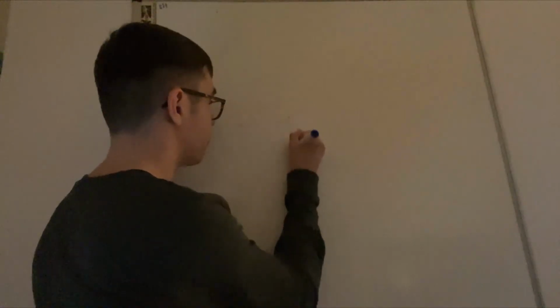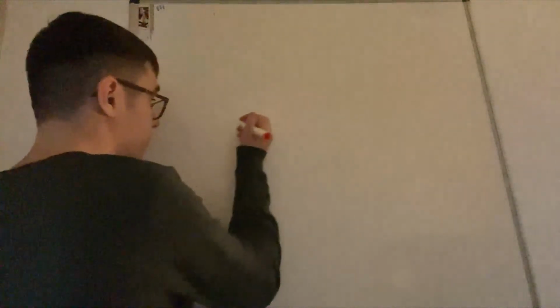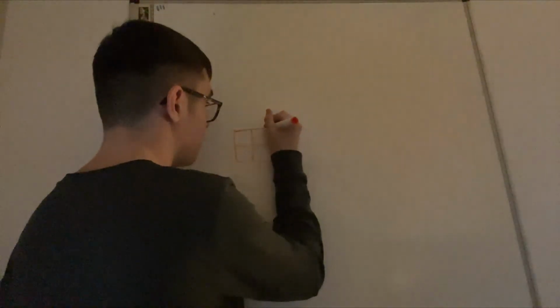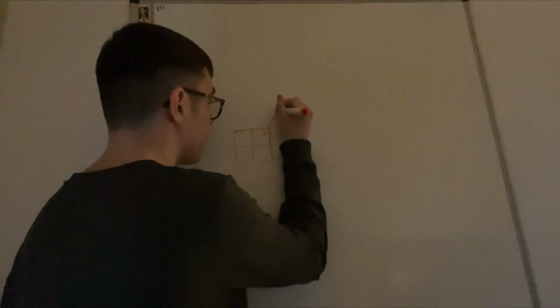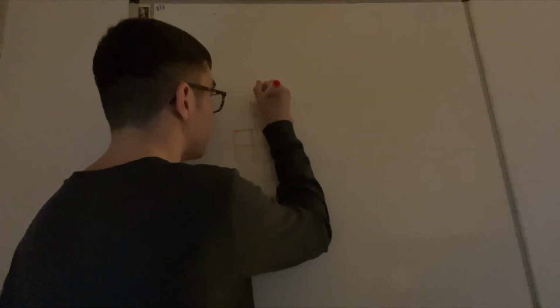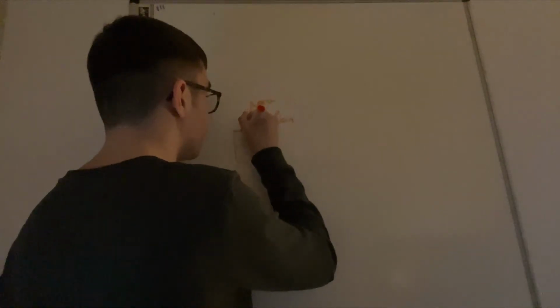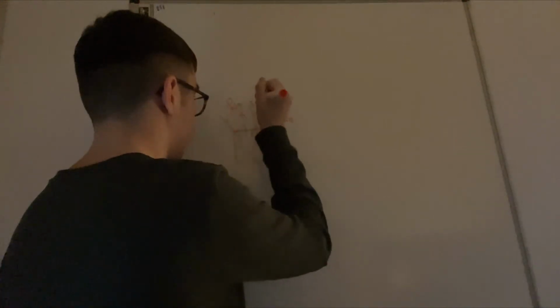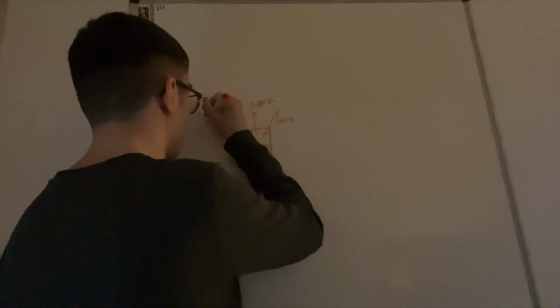Which two blood vessels carry deoxygenated blood? I mean, let's think about this properly. If we draw, oh man, this pen's dying. Goodbye, pen. Okay, if we draw a diagram of the heart, you obviously have your pulmonary vein, your aorta, your pulmonary artery, and your vena cava.